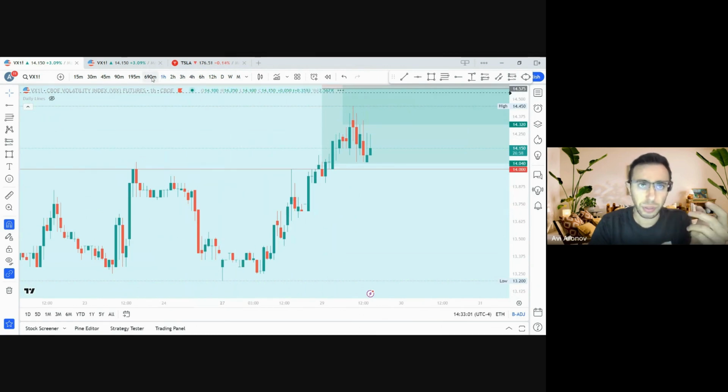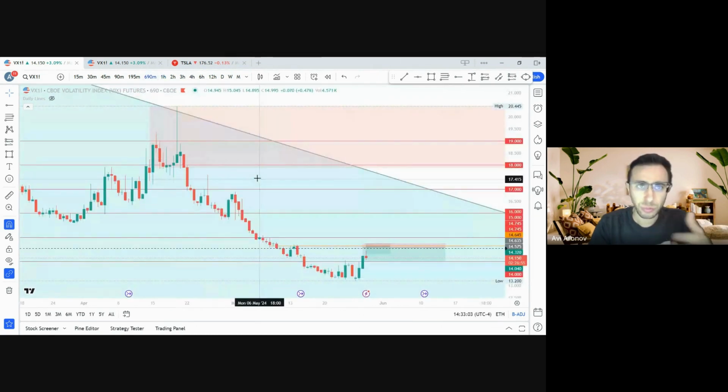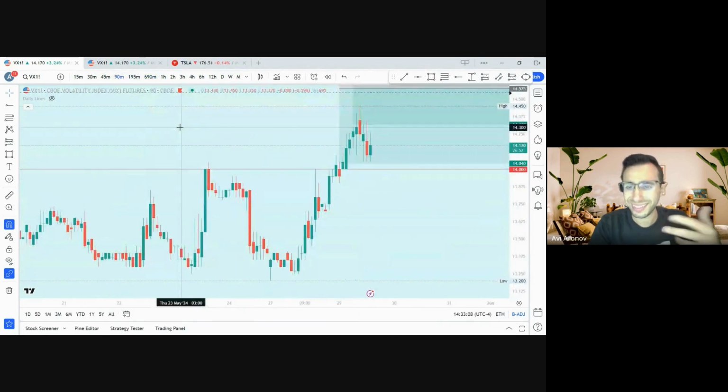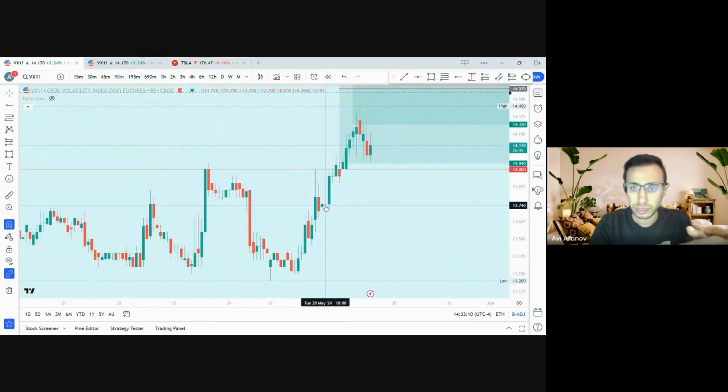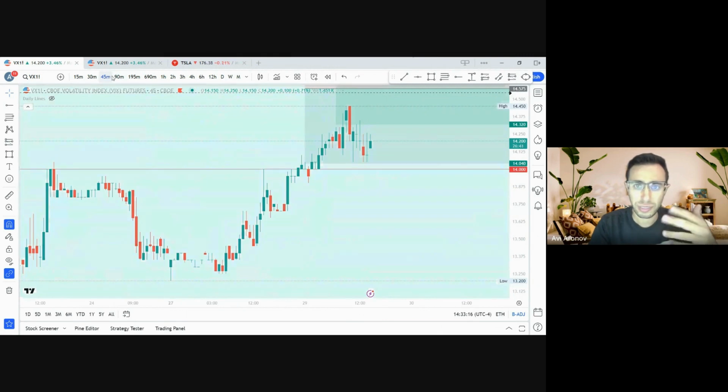Sometimes, if your risk to reward becomes 1 to 5 or 1 to 6, then it's a lot more favorable. You can try other zones as well, like something like this. You can try a zone like this if it's 1 to 5, because then it's increasing your chances of gaining. It's all up to you.